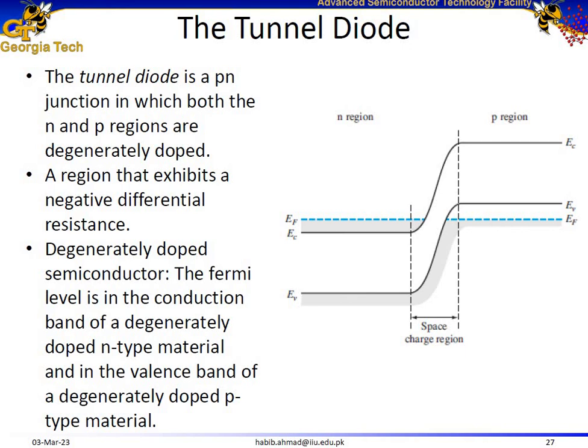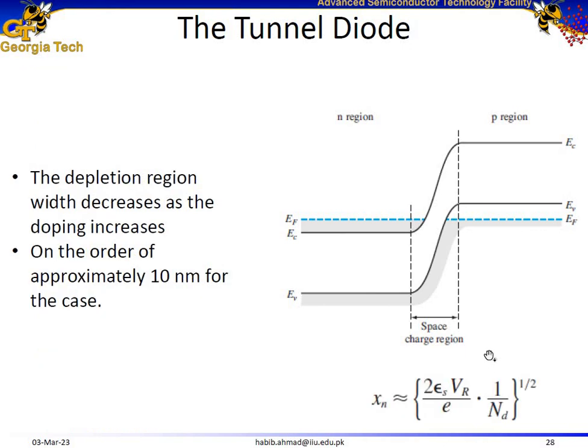Now the IV characteristics of a tunnel diode are actually different as compared to the normal diode, especially at low forward biasing, and I'm going to show you how. Before that, we discussed in the previous lecture that the depletion width is inversely proportional to the doping of the semiconductor.